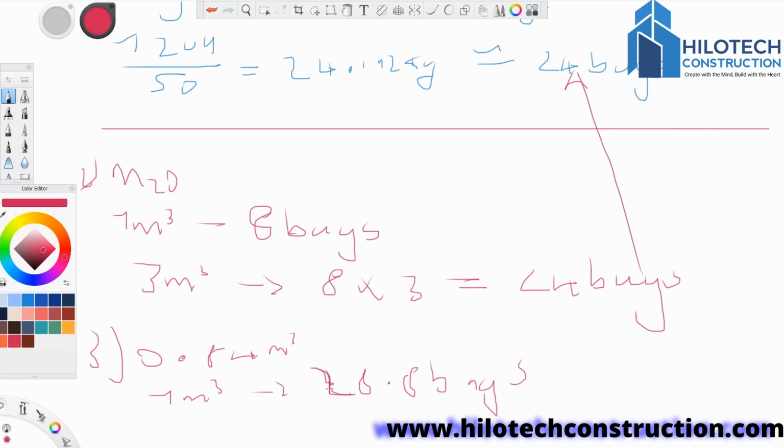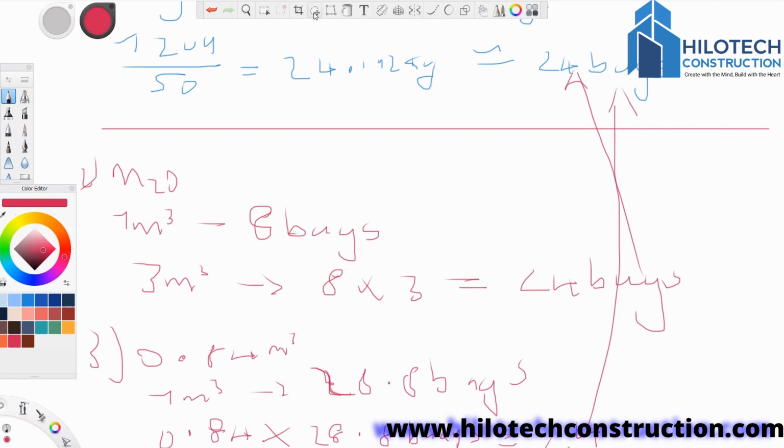So of course, it's just cross multiplication. For 0.84, it's just going to be 0.84 times 28.8 bags. And you are going to see that it still gives us 24 point something, boiling down to 24 bags, which is still the same value that we have up here.